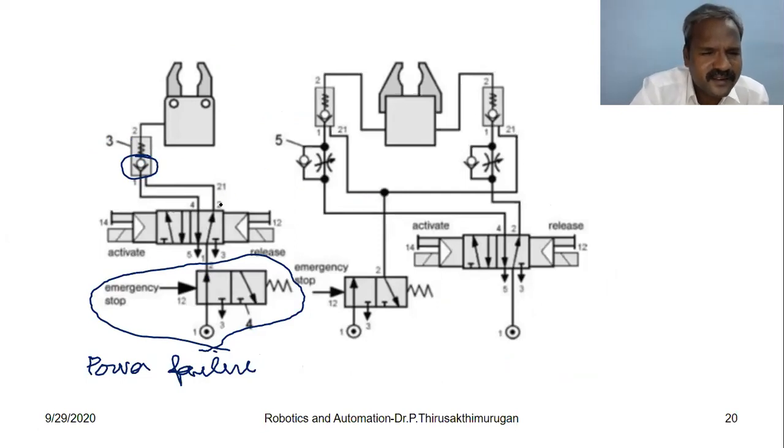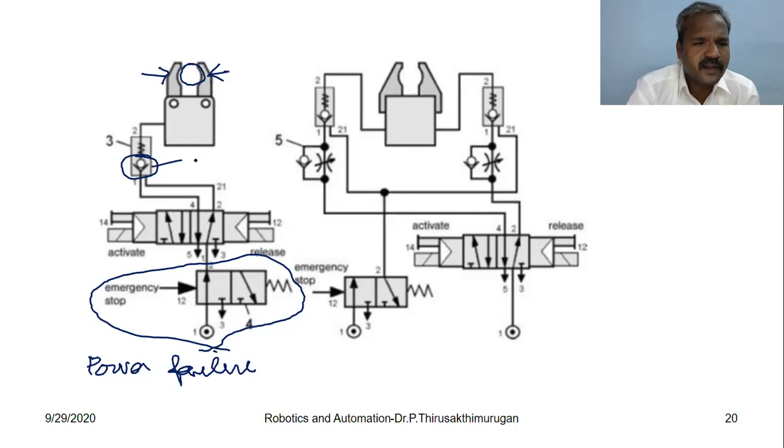Please try to understand. The single cylinder supplies air to the grippers to actuate the gripping force. Suppose when the object is grasped here, the pneumatic cylinder is operated through a solenoid valve.